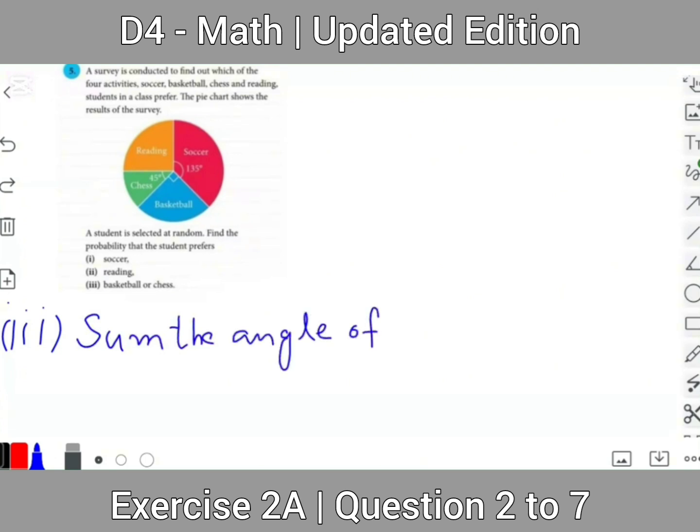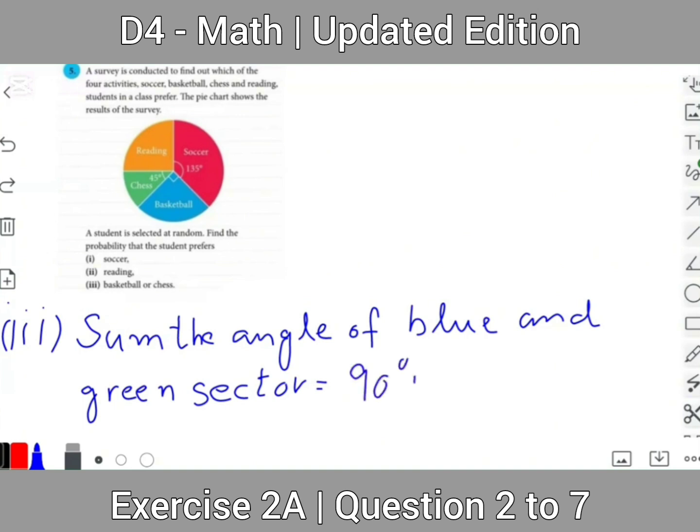So we will see the respective angles of the blue and green sectors from the pie diagram. The blue sector has 90 degrees and the green sector has 45 degrees. So it will give us 135 degrees.